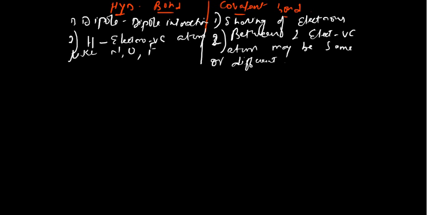And we already discussed a few minutes back that this is a weak bond, and this is a strong bond, sufficiently strong compared to a hydrogen bond. So these are some points of difference between a hydrogen bond and a covalent bond.